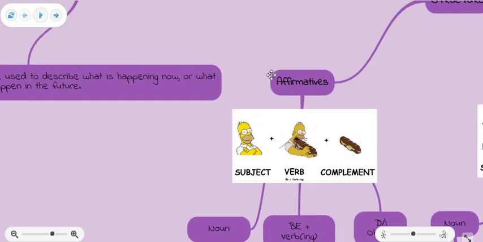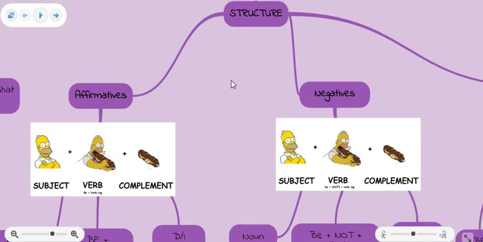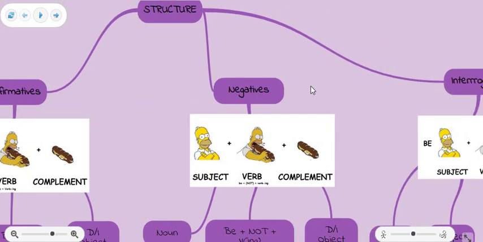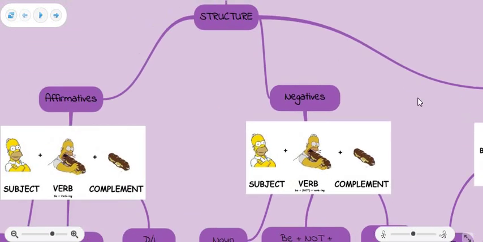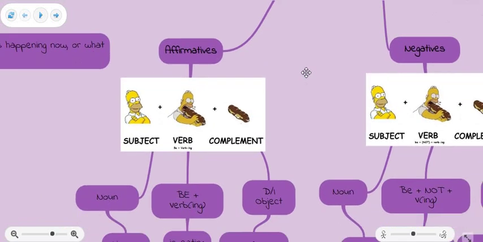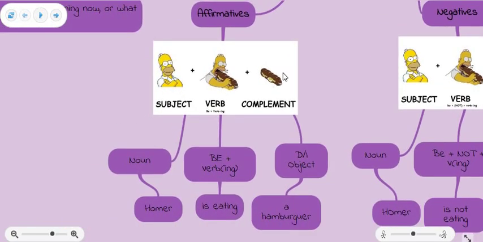Now let's remember its structure. For its structure, we will divide the statement into three different ways: to state an affirmation, a negative form, or an interrogative. In order to state an affirmative statement, we will use this structure.